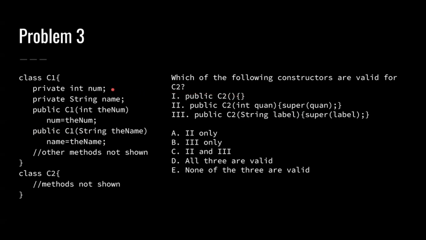And that would only work if we had a constructor here with no parameters, or if we had no constructors at all, and that would just mean that we can use the default constructor, which has no parameters. But since we have 2 constructors here and both of them have parameters, that means that we cannot use super of no parameters, and therefore 1 does not work. So the answer to this question is C.